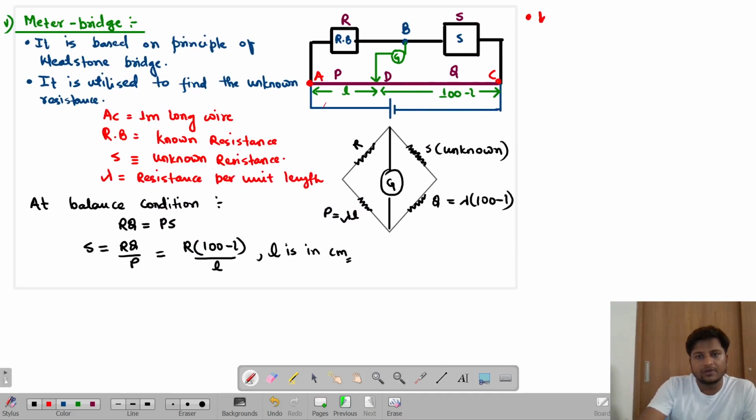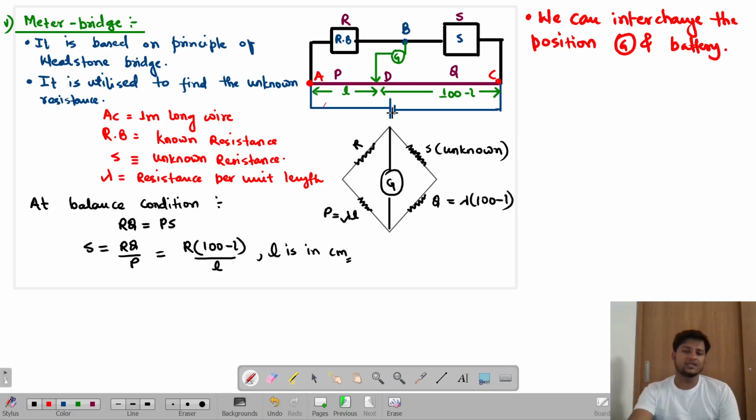First thing, we can interchange the position of galvanometer and battery. I can bring this battery instead of galvanometer and galvanometer instead of battery, but nothing changes because there is no current in that one. Right or not?